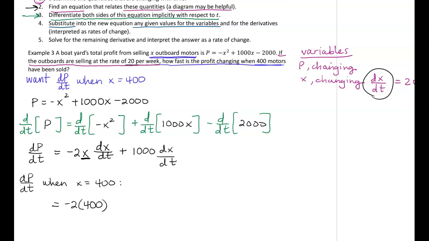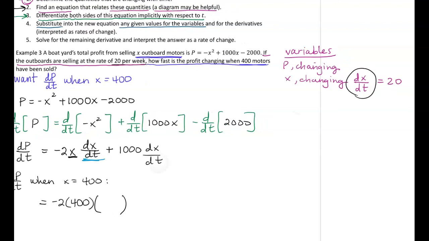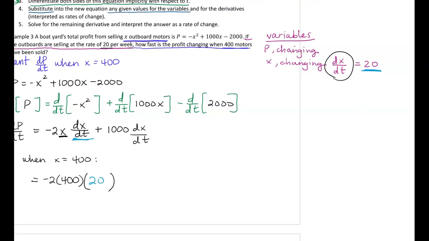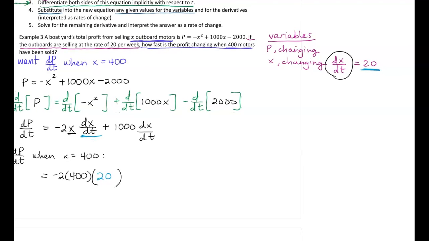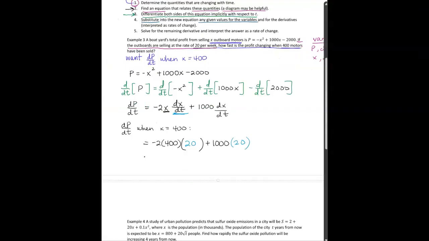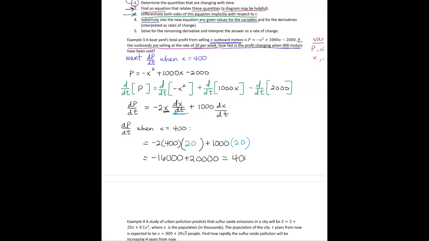That's negative 2 times 400. dx/dt we know is 20. dx/dt is the rate of change at which they're selling each week. We know that's 20, plus 1,000 times dx/dt, again that is 20. So this gives us a negative 16,000 plus 20,000, which comes out to be 4,000.